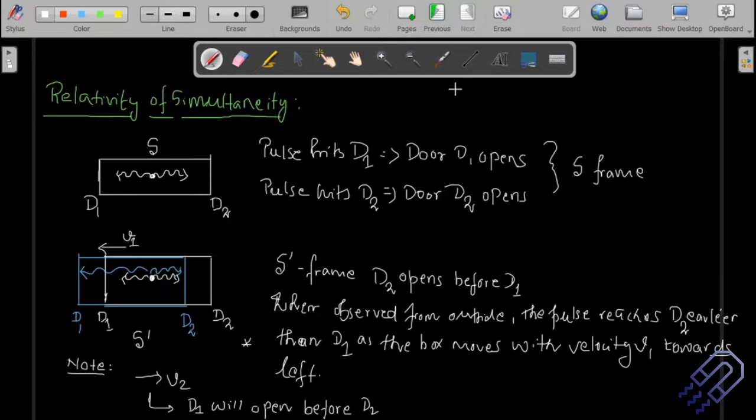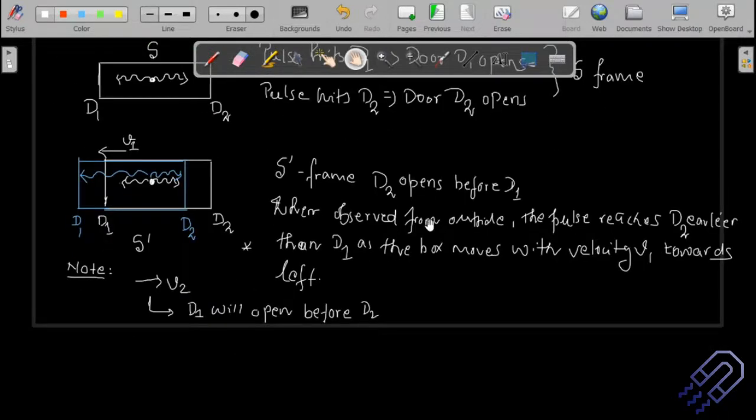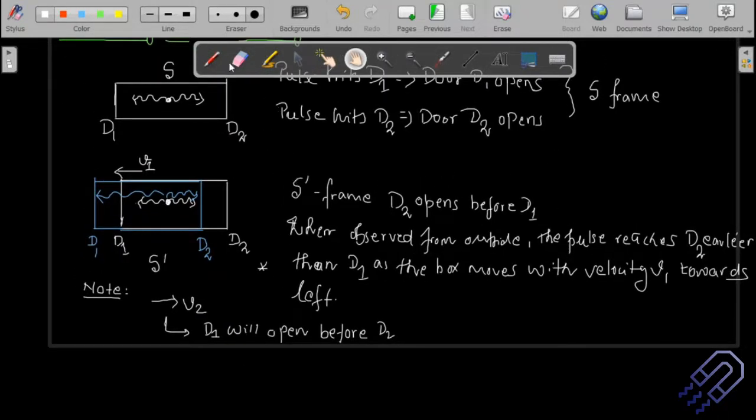So what's the concluding remark here, which is very important, from whatever we have seen for a moving frame and a non-moving frame?